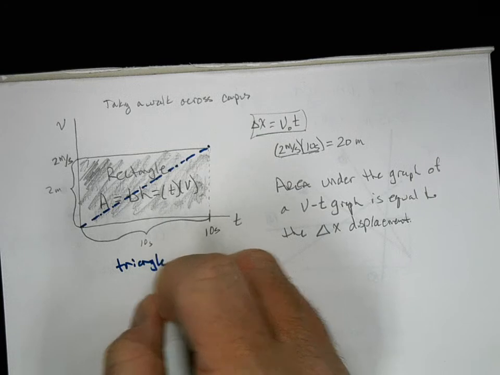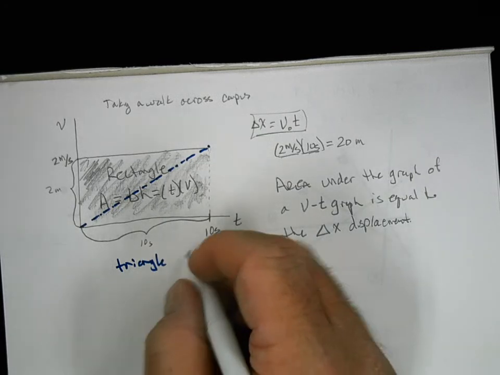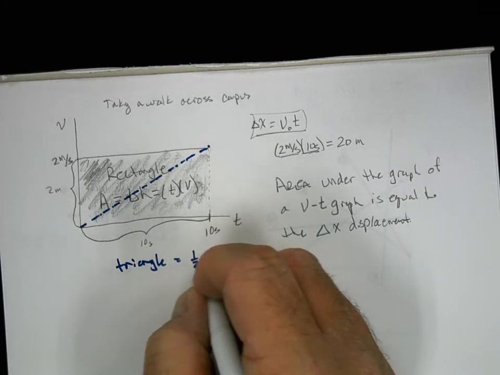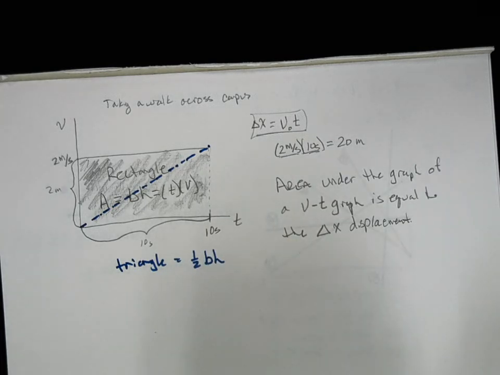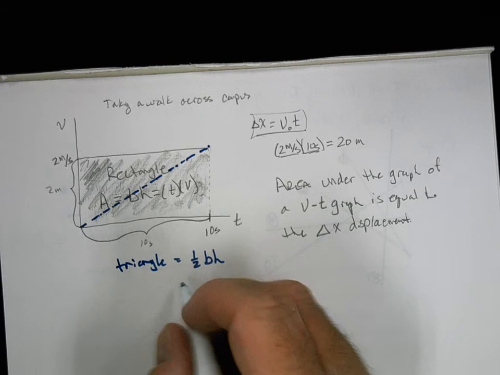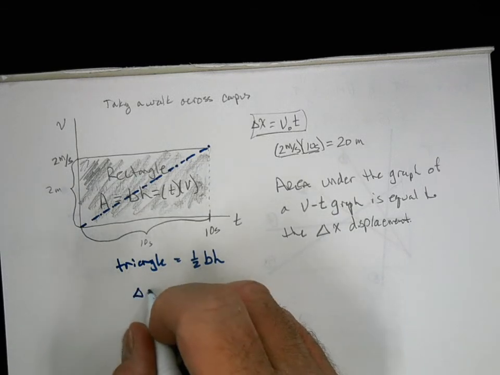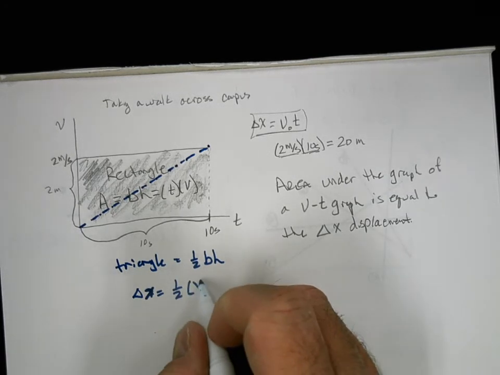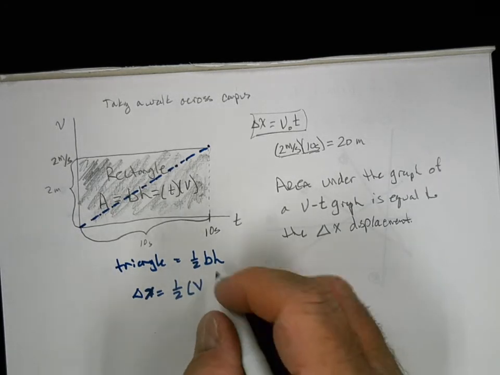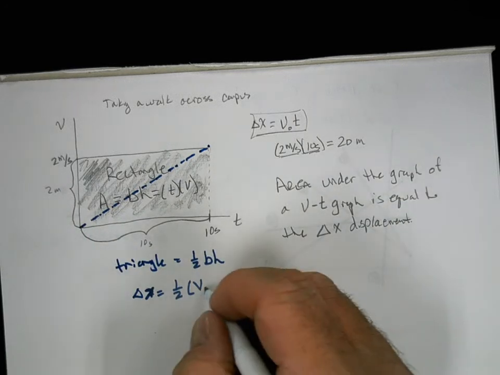And the area of a triangle is one half of the base times the height, or in this case, our displacement, delta x, is going to equal 1/2 times our v naught times our time.